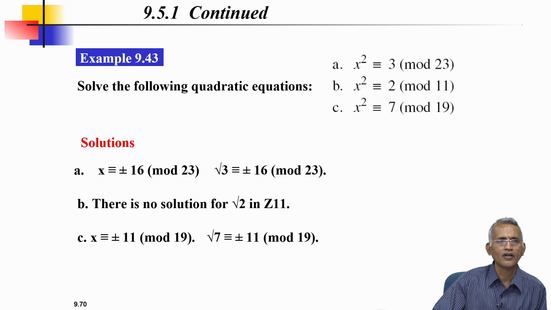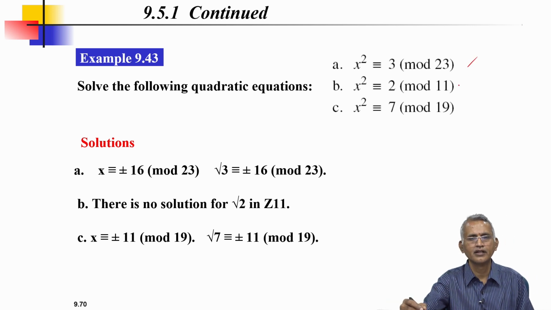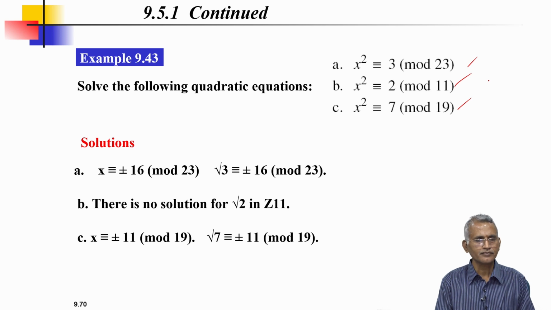Solve the quadratic equations: x square is identically equal to 3 under modulo 23, x square is identically equal to 2 under modulo 11, and x square is identically equal to 7 under modulo 19. Now, we have a solution x equal to plus or minus 16 under modulo 23, therefore root 3 is identically equal to plus or minus 16 under modulo 23 for the first case.